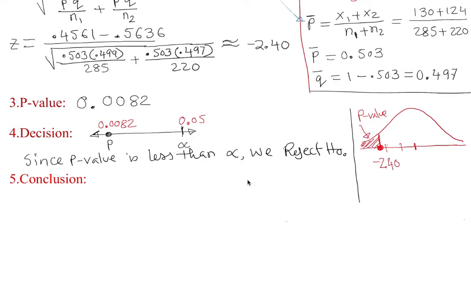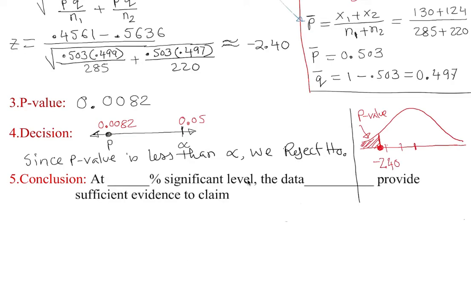Let's write this down. At 5% significance level, the data does provide sufficient evidence. Then I'm going to do the last sentence.